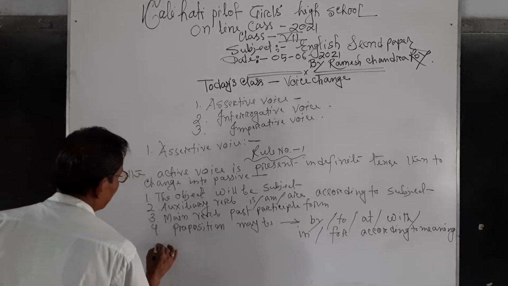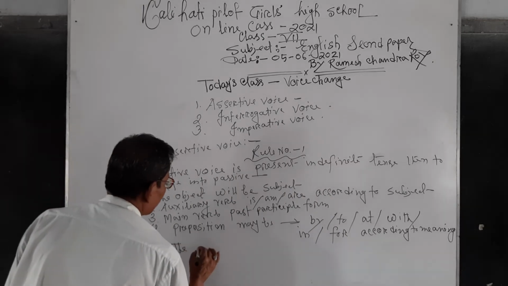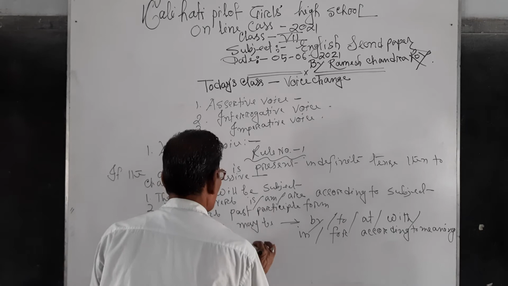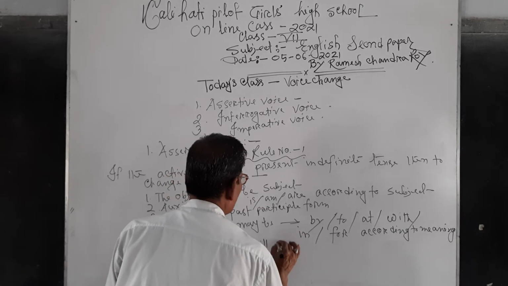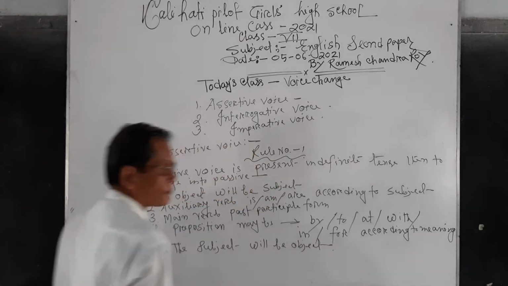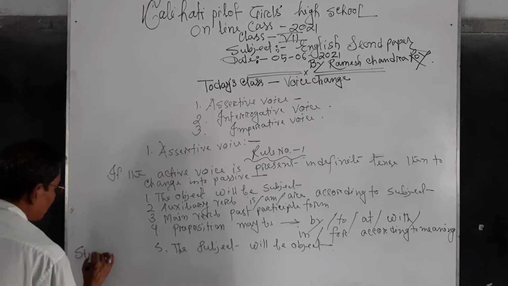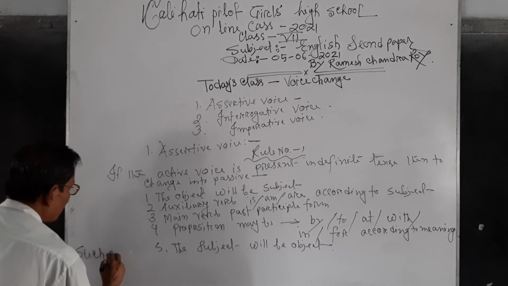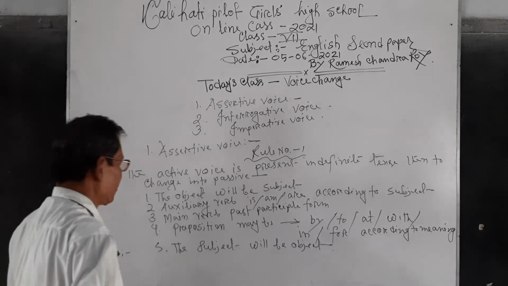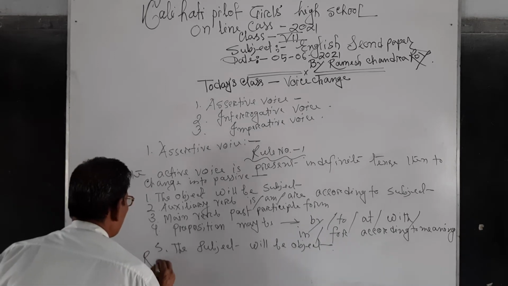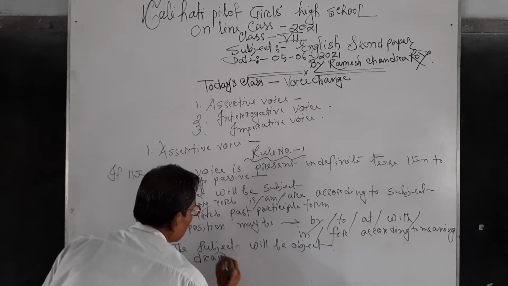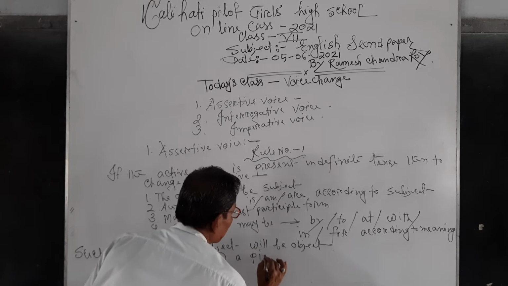And number 5, the subject will be the object. For example, Rana draws a picture.